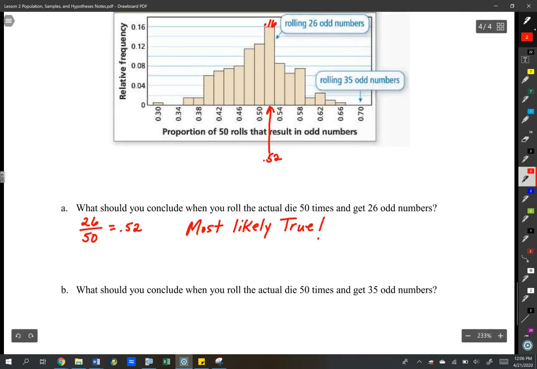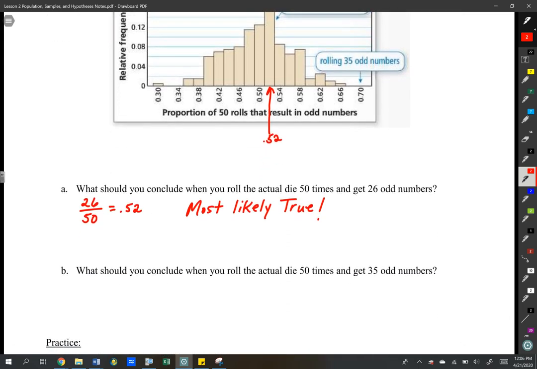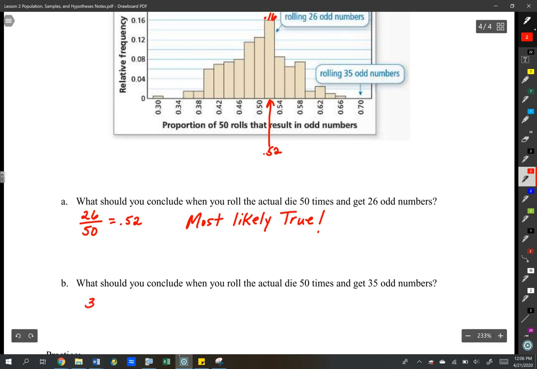All right, let's look at another one. What should you conclude when you roll the die 50 times and you get 35 odd numbers? Okay, let's see here. 35 out of 50 is 0.7. All right, I'm going to use a different color this time. So here's 0.7, and we actually have a frequency of 0.